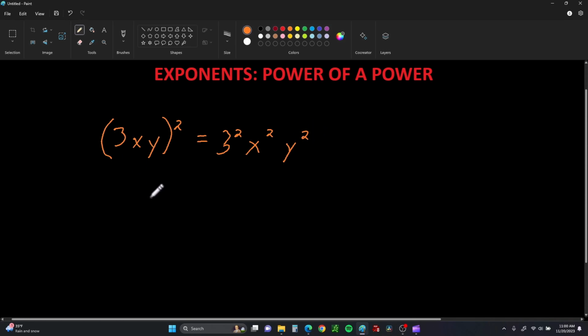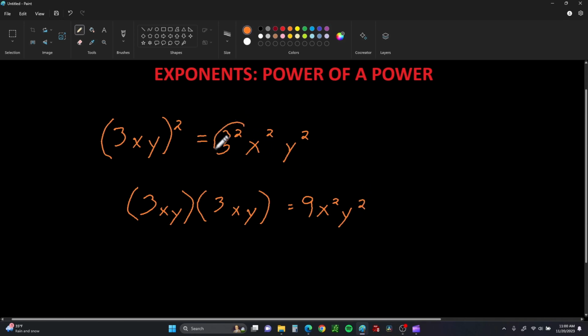If I wrote this out, meaning 3xy times 3xy, and multiplied them, I have 3 times 3 is 9. I have number times number, letter times letter, and another letter times letter. So x times x is x squared, and y times y is y squared.